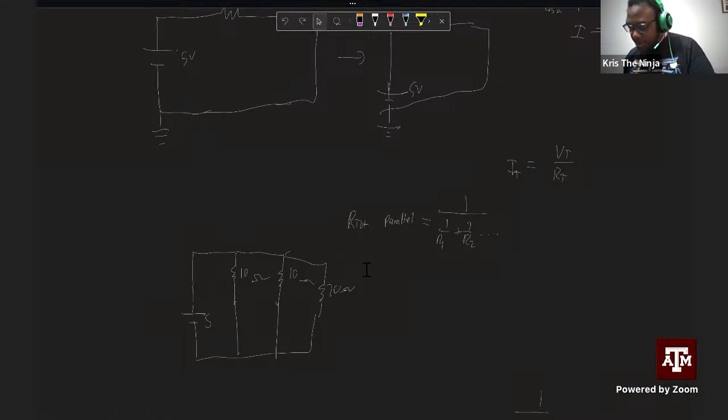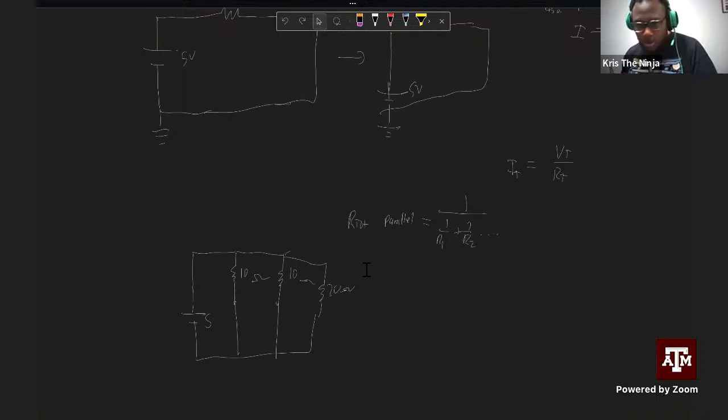Actually, no. I'm just going to do it the long way and it'll work itself out. So ignore this right now, we're just going to erase that.